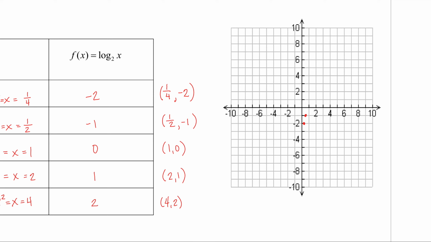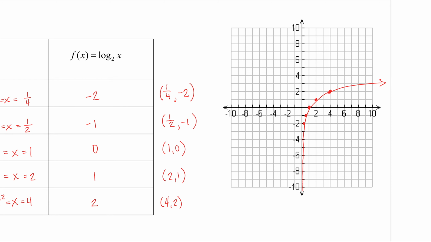And then I have a 1, 0. And then I have a 2, 1. And a 4, 2. Now notice I'm getting very close to the y-axis this time. So I'm actually going to go along the y-axis. And I'm going to finish graphing. It looks like this.